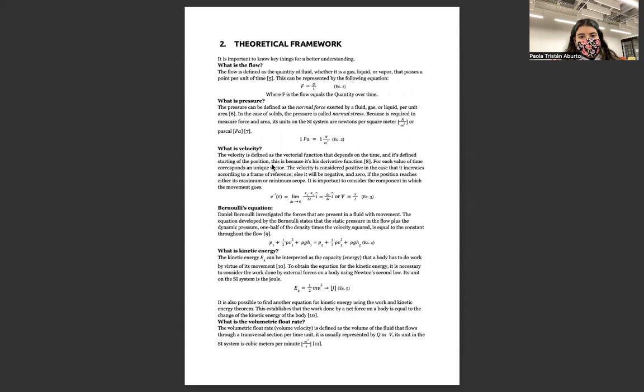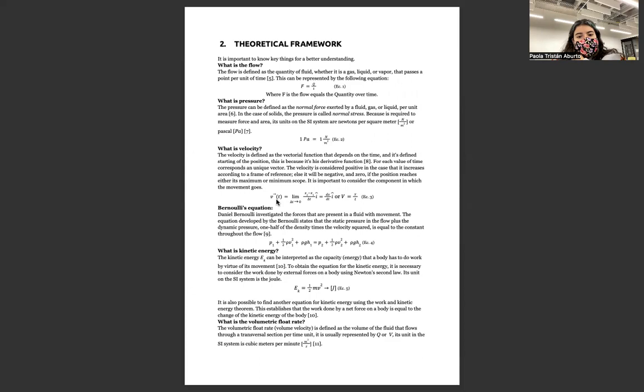The velocity is a vectorial function that depends on the time and is defined starting from the position, because it is the derivative of the position. So we can say that the velocity can be positive if it increases or negative if it decreases, and 0 if the position reaches its maximum or minimum.